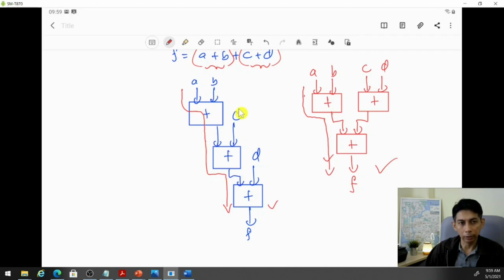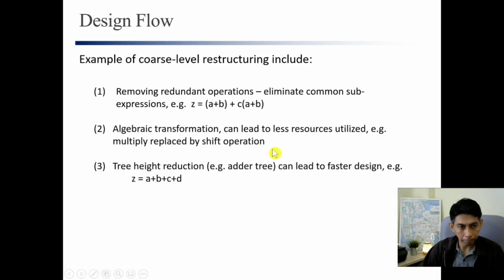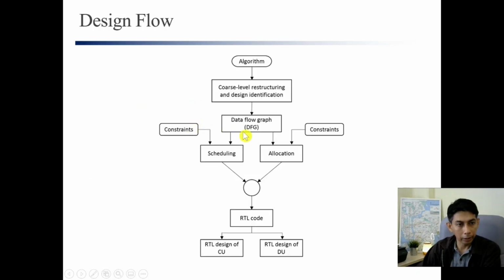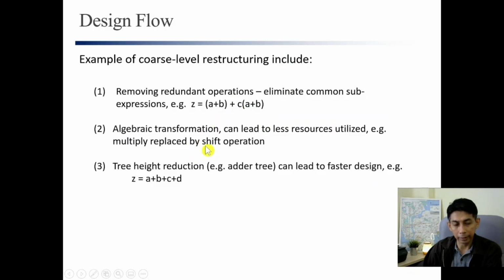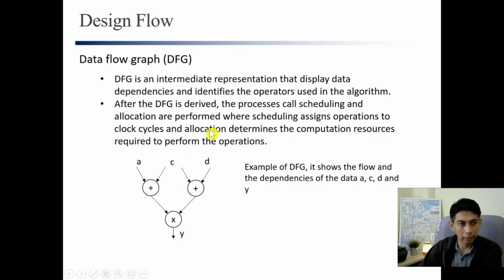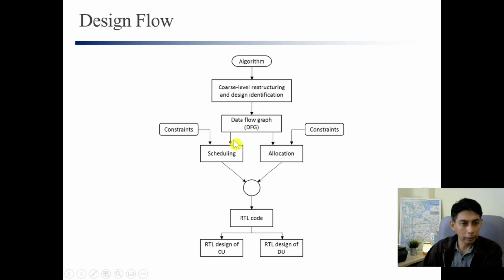So maybe this is a better way to implement the hardware. So that will be this part, from the algorithm. We can alter the algorithm so that we can have a better design later on, based on this method.